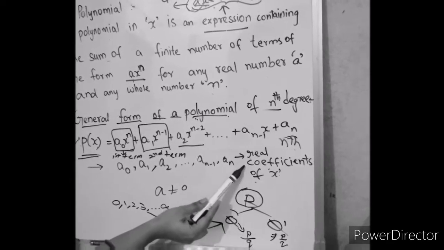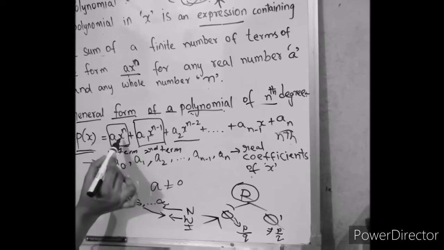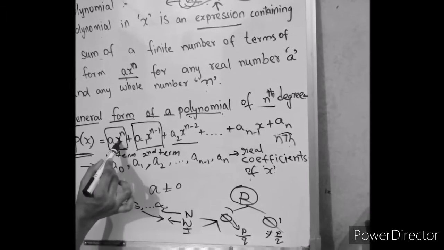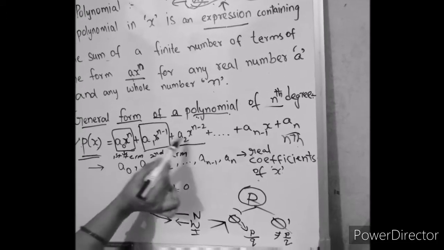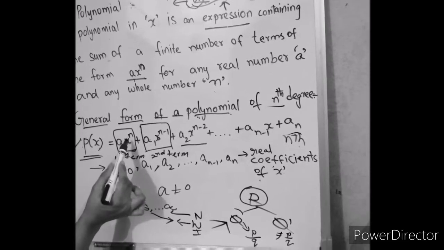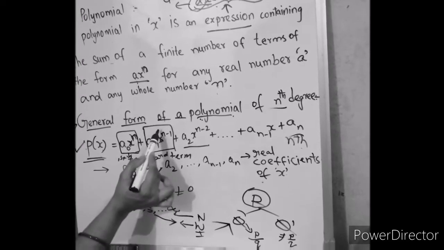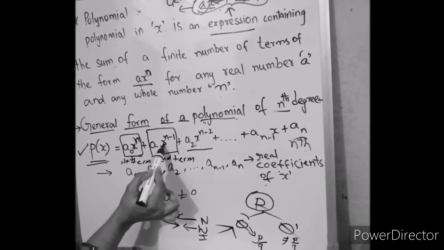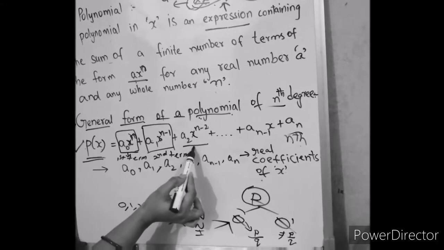What do you mean by that? See here, x is a variable. In every term you will have the variable x, and n is the power of x in this term. Here n minus 1 is the power of x in the second term, and n minus 2 is the power of x in the third term.